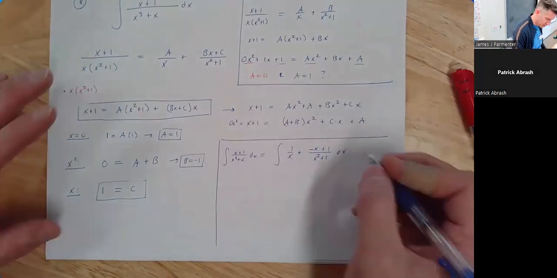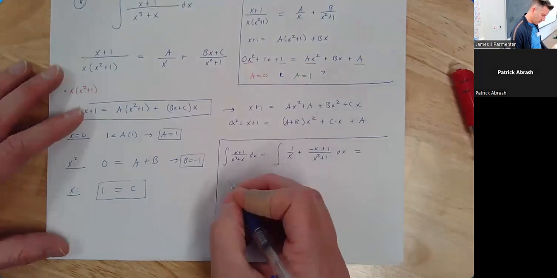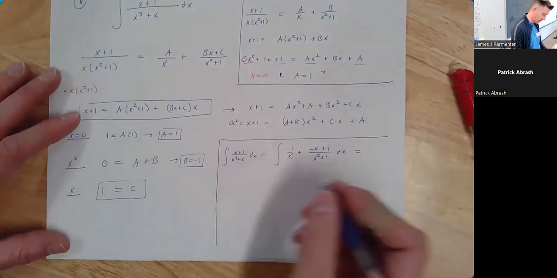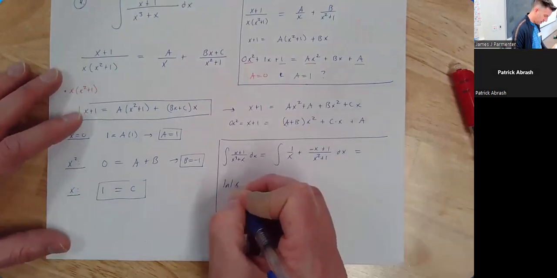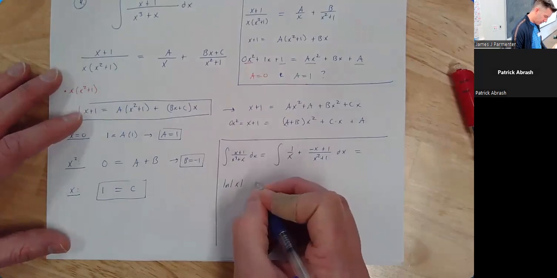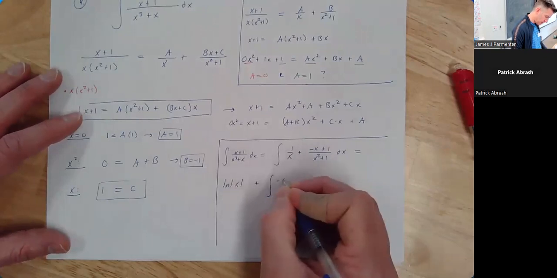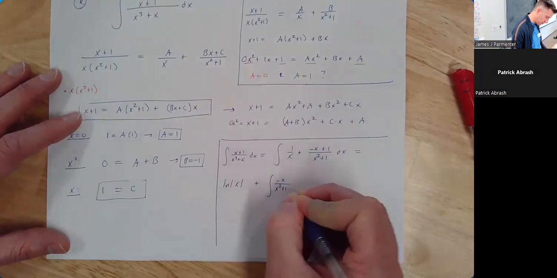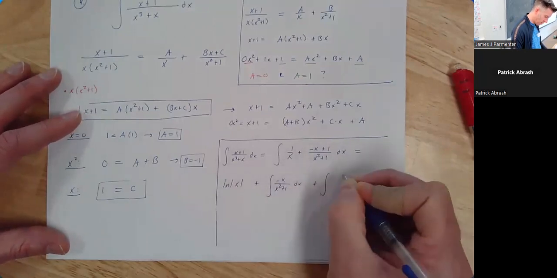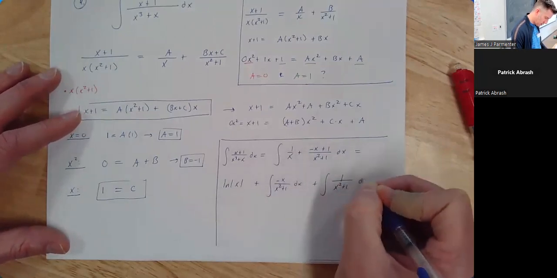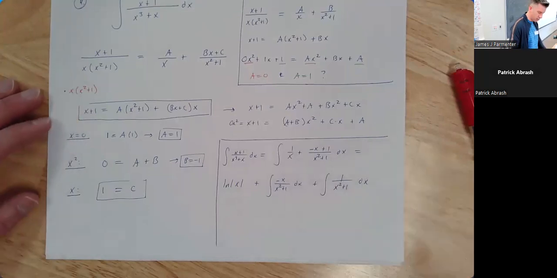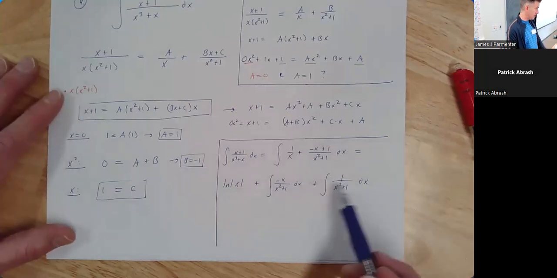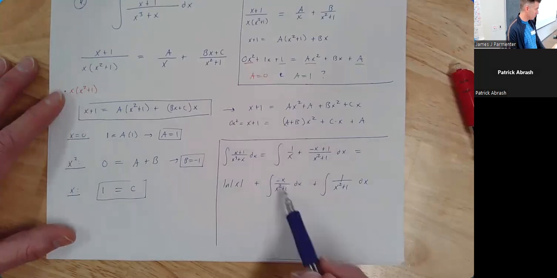So we're going to write this as, well, integral of 1 over x is the natural log of the absolute value of x. And I've got plus the integral of negative x over x squared plus 1 plus the integral of 1 over x squared plus 1. And this almost always boils down to this being just arctangent and this being a u substitution.